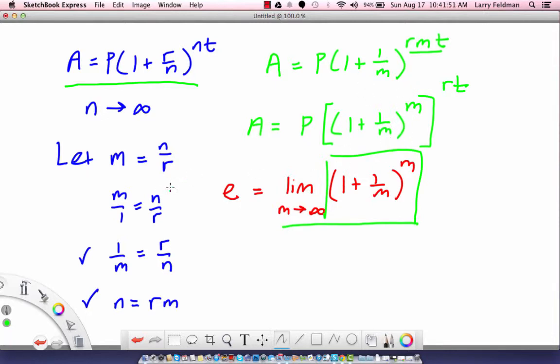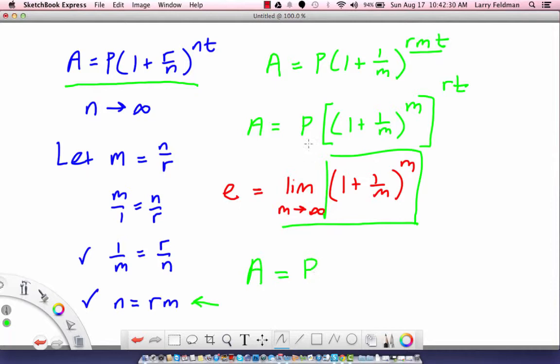And let's also come back here for a second. Hopefully this isn't too confusing, but as n approaches infinity, m approaches infinity. These are directly proportional, or they vary directly. So what we have is a case where as n approaches infinity, m approaches infinity, and I can do a substitution like this.